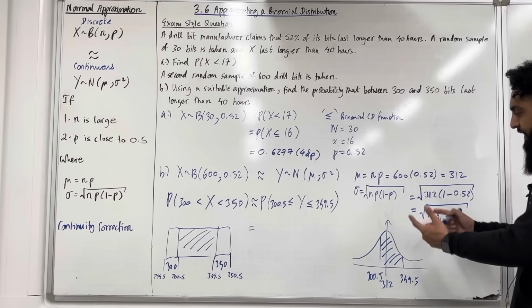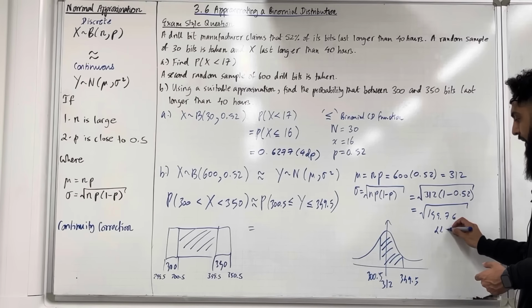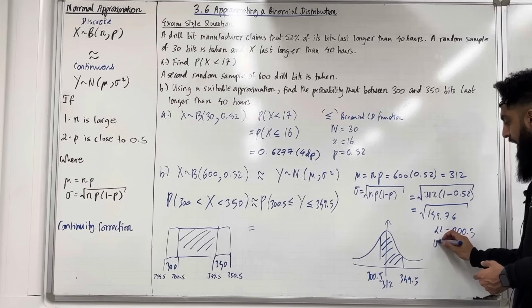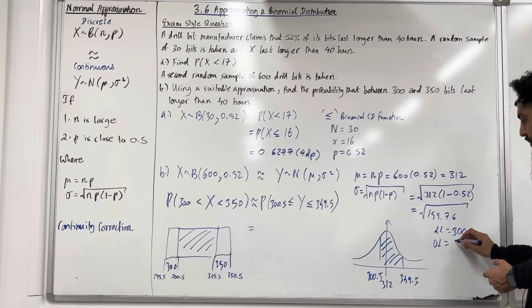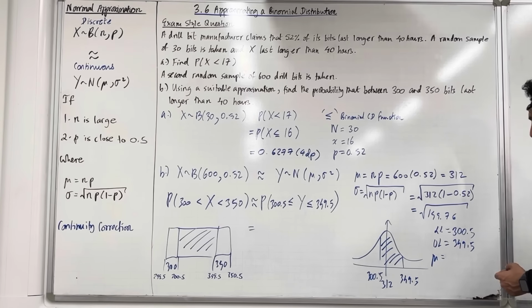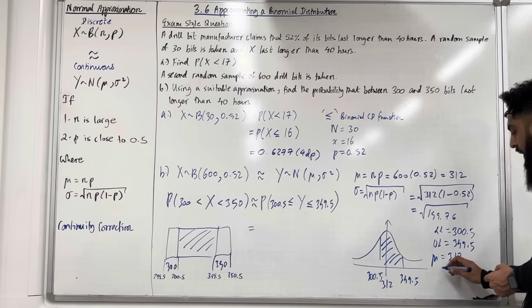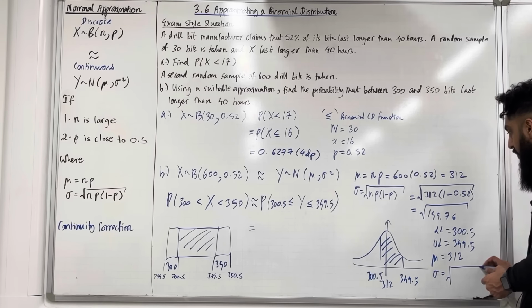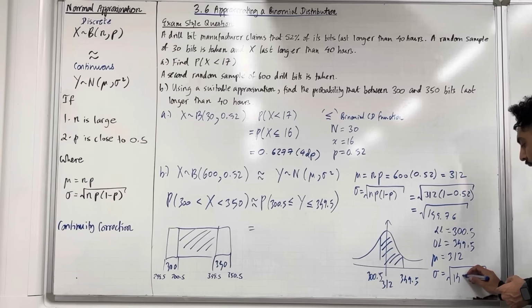Okay, so from this diagram we see that the lower limit is 300.5. The upper limit is 349.5. And we also have that the mean mu is equal to 312. The standard deviation sigma is equal to the square root of 149.76.